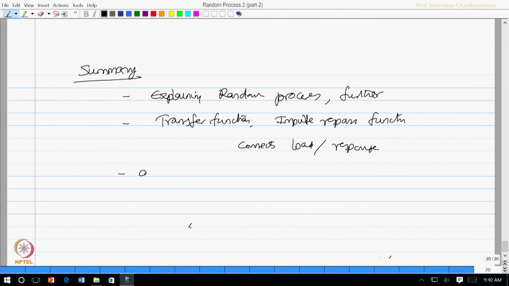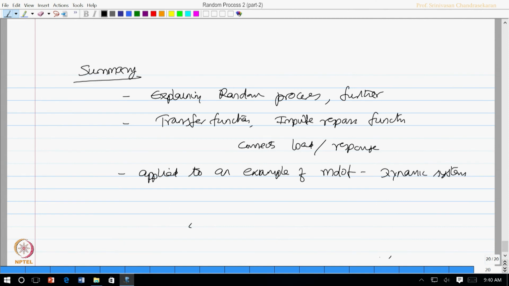We also applied this to an example problem of a multi-degree freedom system in dynamic systems.